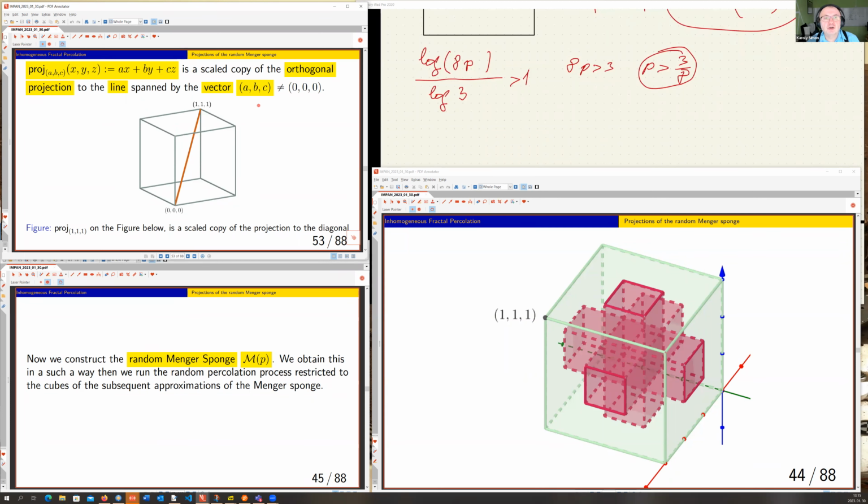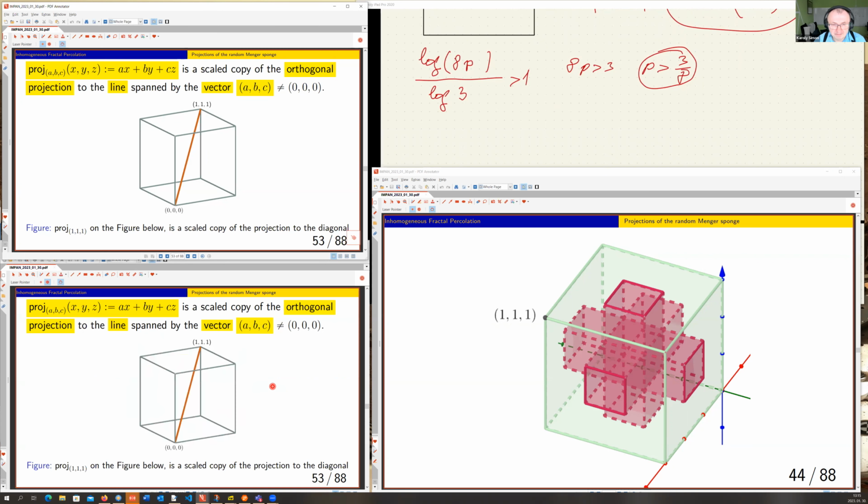This is the projection. So for example, if you want to project to this diagonal of the cube, which we will do because this is easy, I mean, formulas are going to be easy, then this is 1, 1, 1. This is the projection to this main diagonal of the cube.